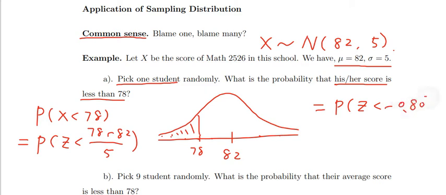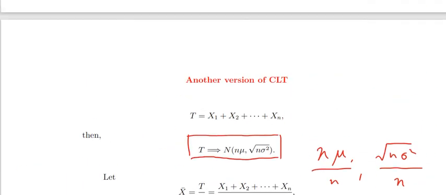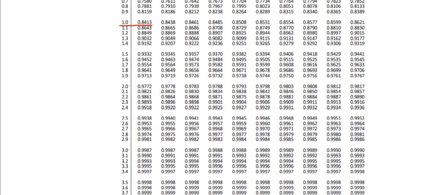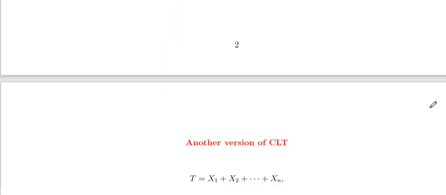Then check the table. We just check the positive 0.8, which is 0.7881.